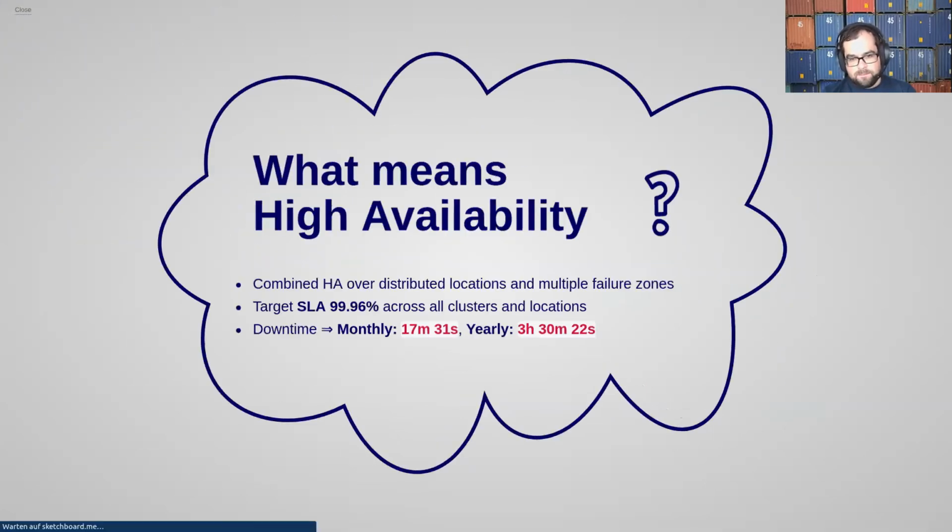Okay, so what does high availability mean? For us, high availability from a Kubernetes perspective means we want to be HA for each cluster and distributed across locations and multiple failure zones. In this case, at the customer, we have right now implemented 3 different data centers. 1 is in the cloud, 2 are on-prem.